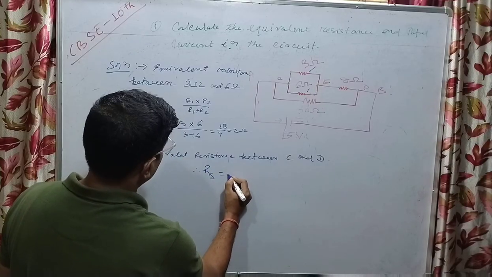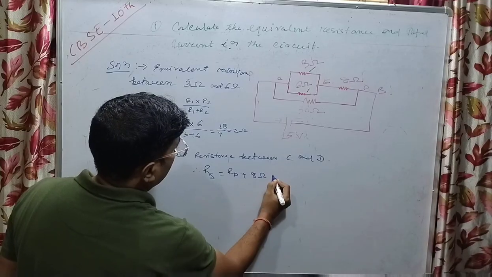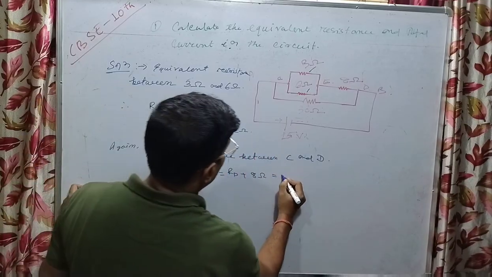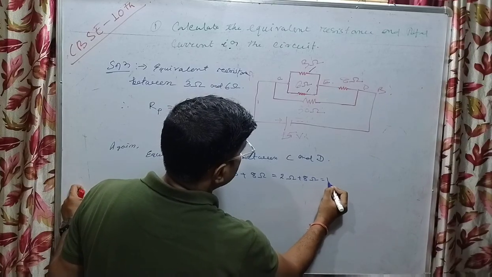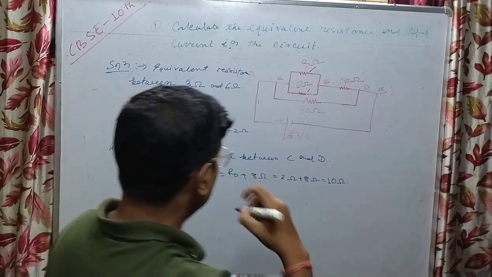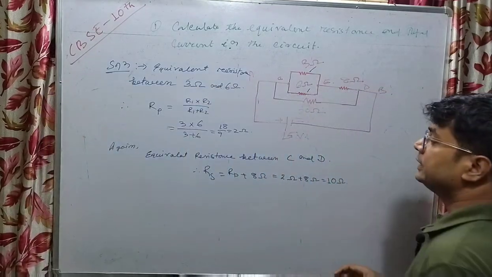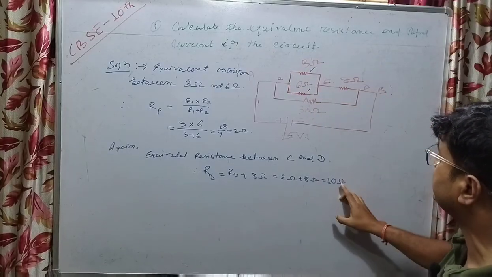Rs is equal to Rp plus 8 ohm. Rp is equal to what? 2 ohm. 2 ohm plus 8 ohm is equal to 10 ohm. And now the equivalent resistance of this combination is 10 ohm.